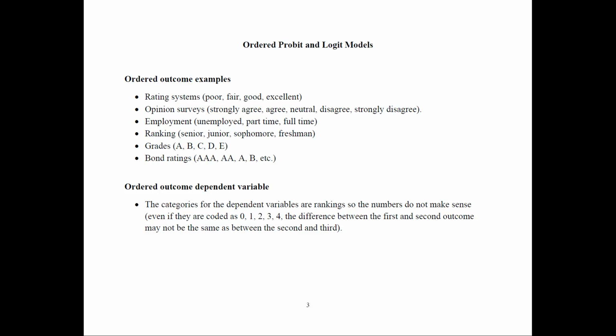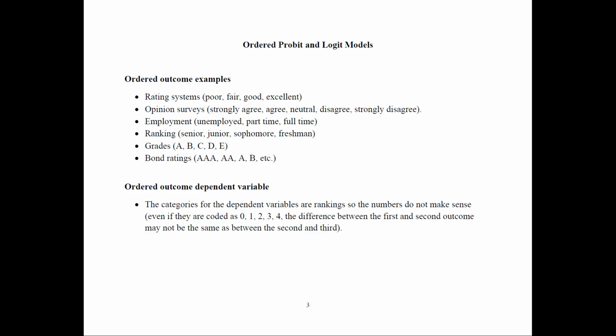You can definitely arrange them from the highest to the lowest using certain criteria. And the highest could be strongly agree, or you may decide to model strongly disagree as the highest outcome.